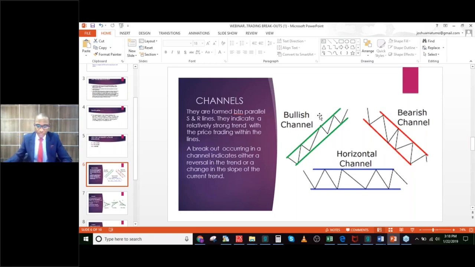I have a few examples of drawings of chart patterns. In Forex, we normally have three types of channels. We have a bullish channel, we have a bearish channel, and we also have a horizontal channel.